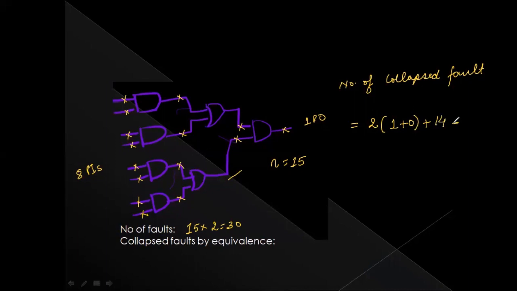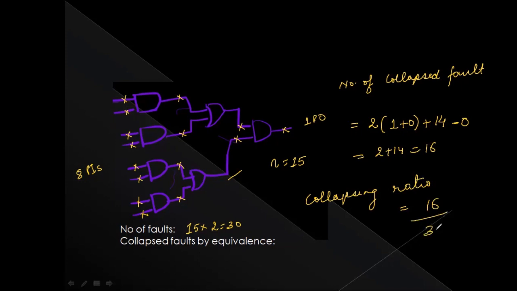And number of inverters is 0. So this comes out to be 2 plus 14, which gives me 16. So my collapsing ratio will be, whatever value it comes, you can just compute.